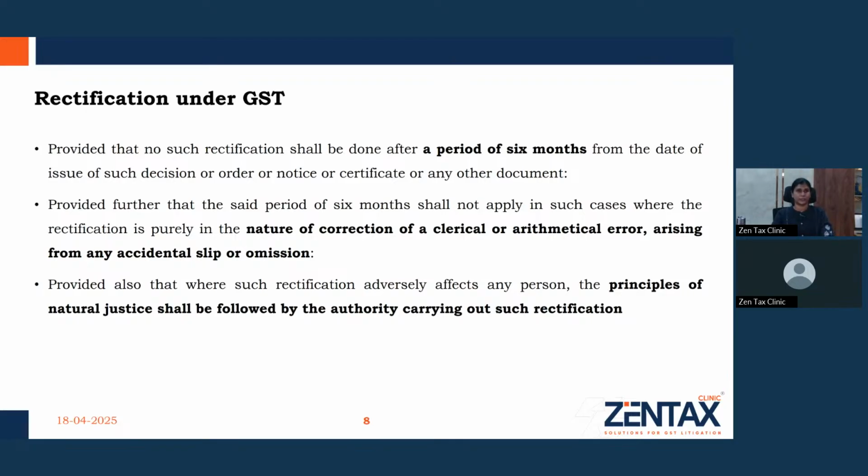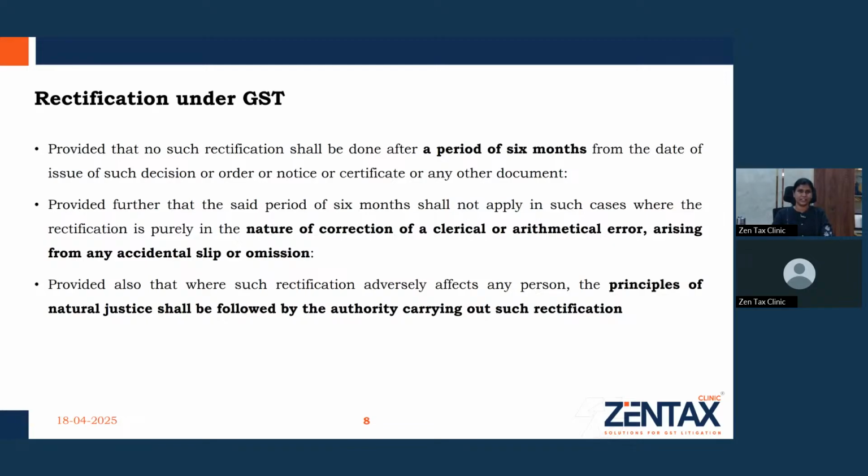Provided further that the said period of 6 months shall not apply in cases where the rectification is purely in the nature of correction of a clerical or an arithmetical error arising from any accidental slip or omission. This 6 months period shall not apply to the officer in case the nature of correction is any clerical or arithmetical error.